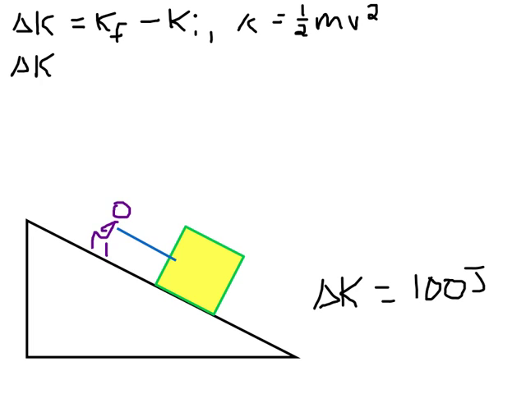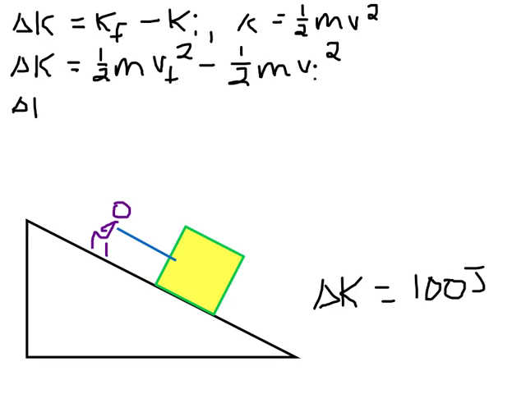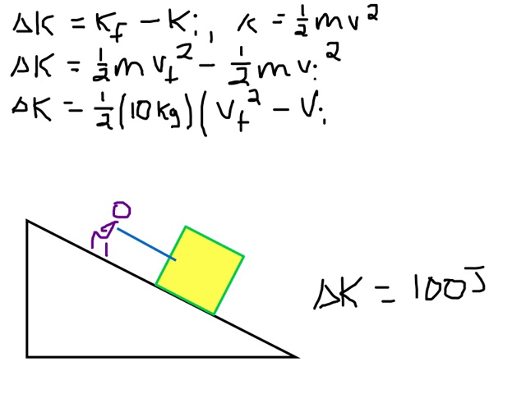So that means delta K is equal to 1/2 mass times V final squared minus 1/2 times mass times V initial squared. Well, these 1/2 times mass things, those are the same. And so I'm actually going to factor those out. So delta K, the change in kinetic energy, is equal to 1/2 times 10 kilograms was our mass, all that times V final squared minus V initial squared.